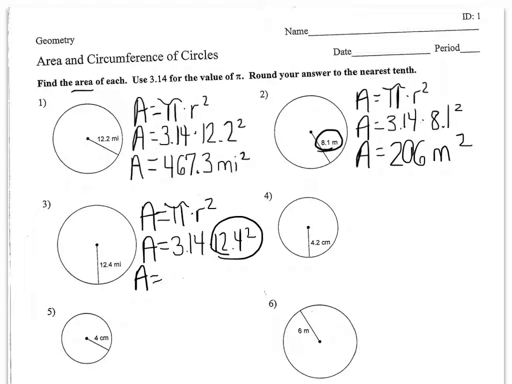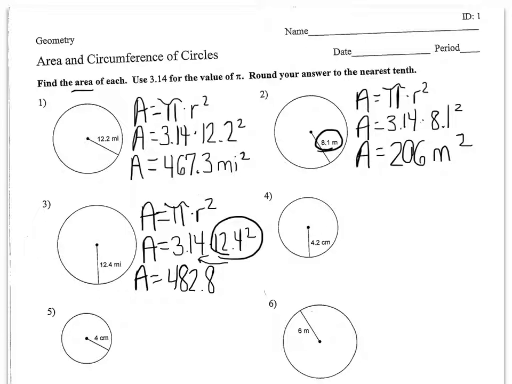So 12.4 times 12.4 equals 153.76. Then we're multiplying that by 3.14, which is pi. Alright, and we get 482.8.